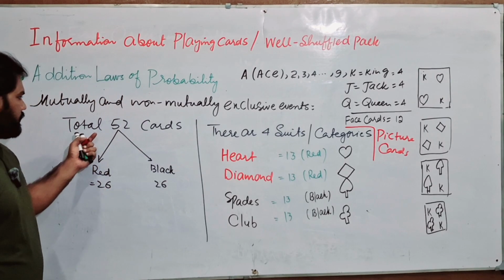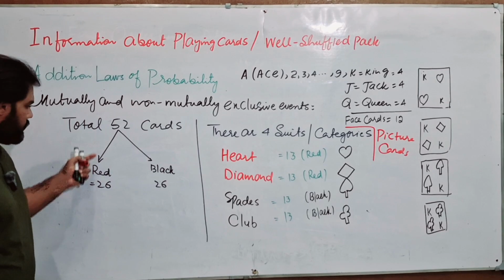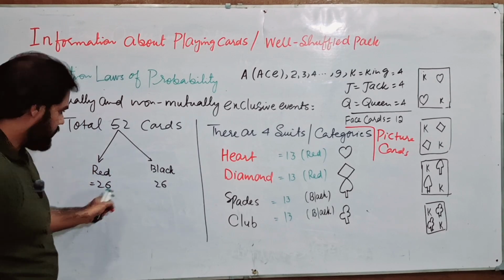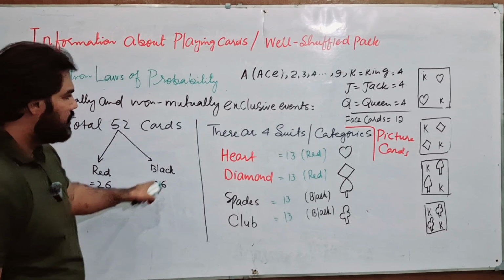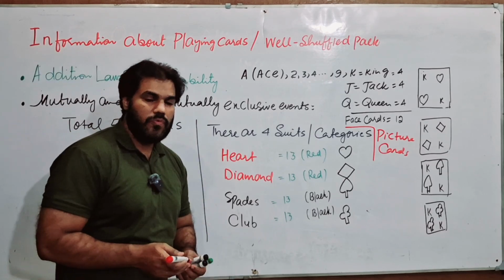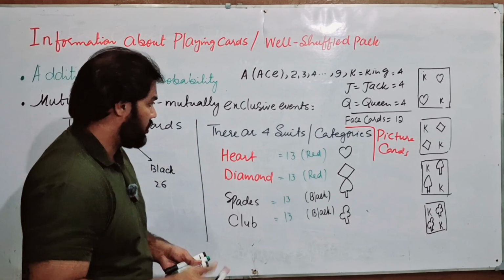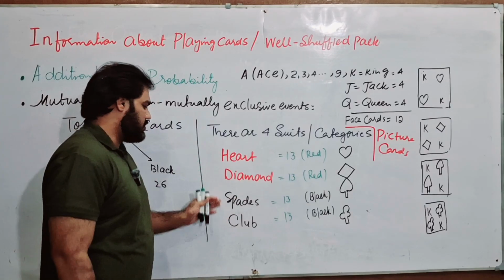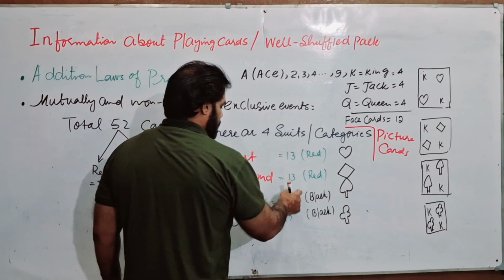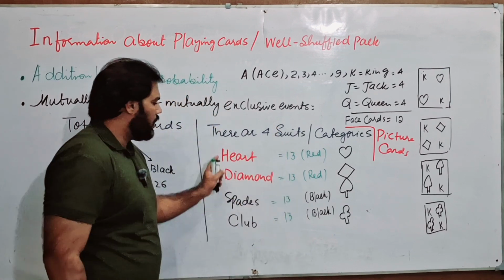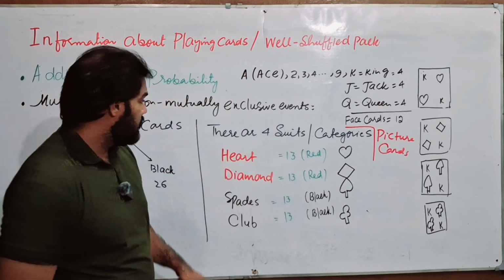I repeat again, there are a total of 52 cards. These 52 cards are divided into 2 colors, red and black. So that's why there are 26 red and 26 black. These 52 cards are divided into 4 suits, also called categories or types: heart, diamond, spades, club. So total hearts are 13, and likewise 13 each for the others. Heart and diamond both are of red color.